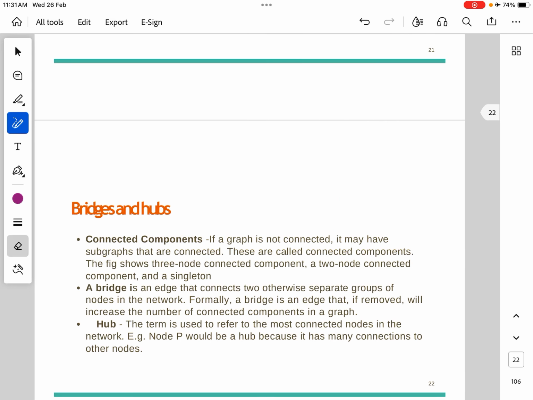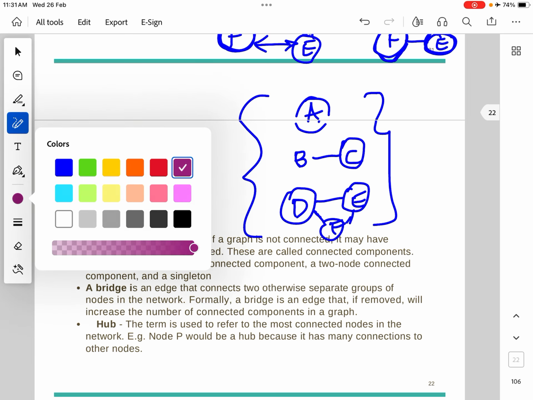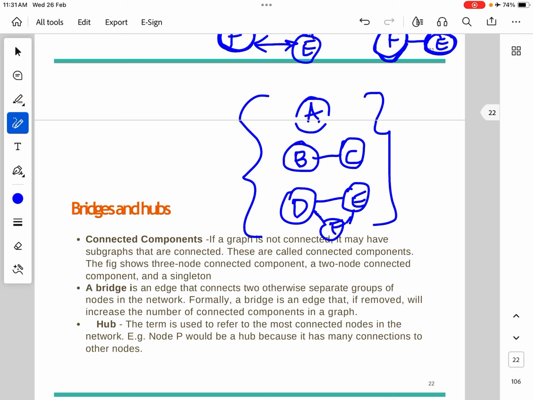If I simply remove these bridges, then my number of connected components will increase. What is happening? I am getting 1, 2, 3 connected components. Initially I was not getting that many connected components. So a bridge is nothing but a link, a connection between the different components.